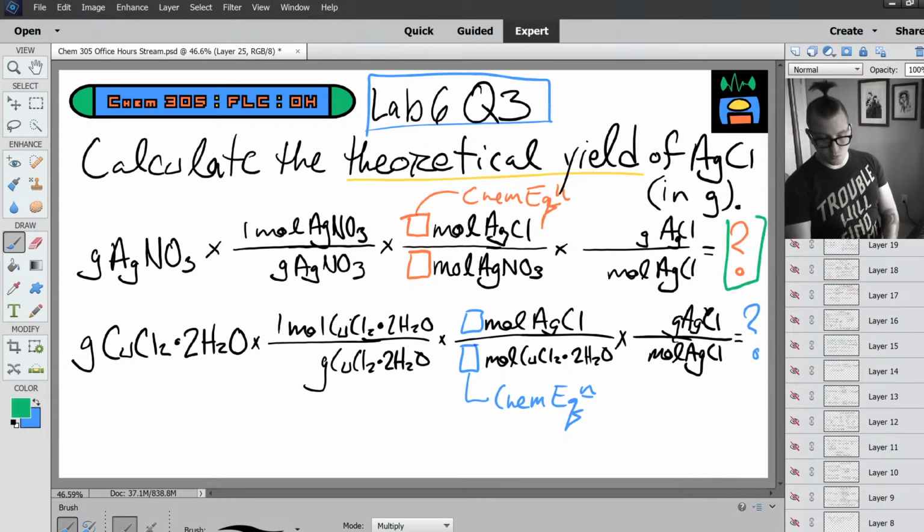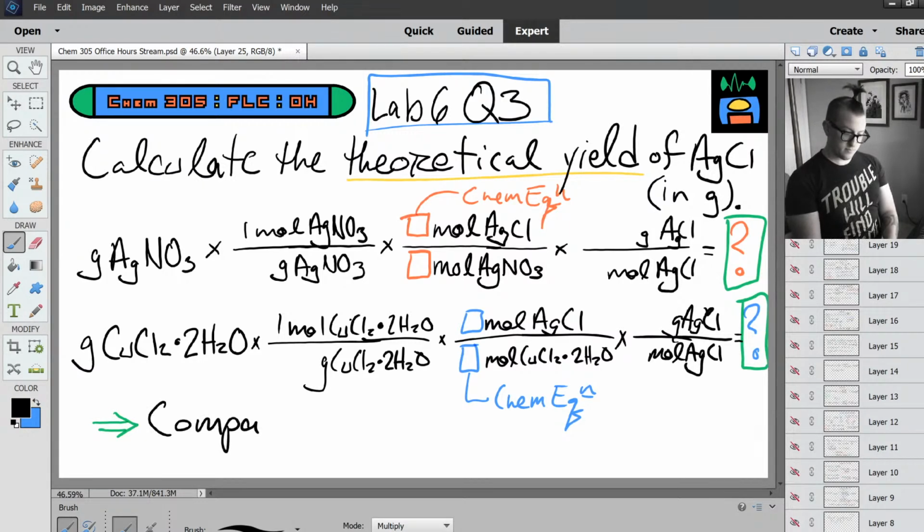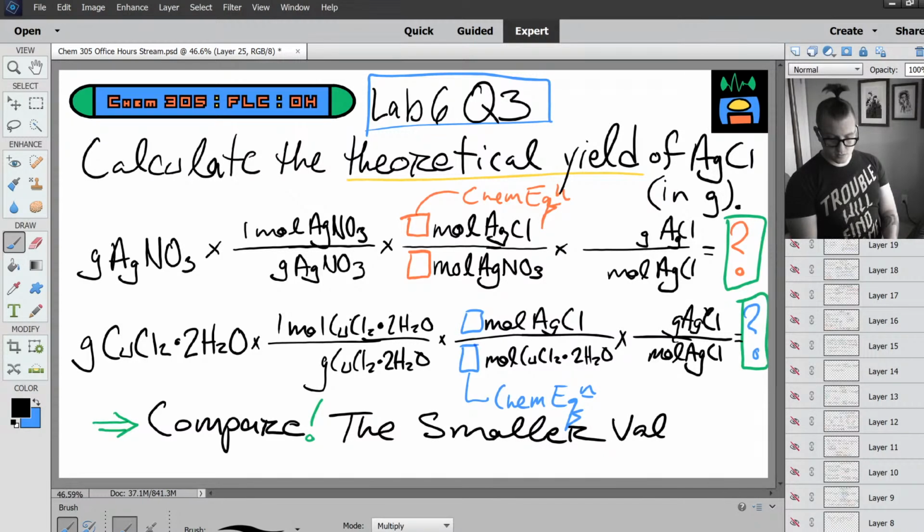So then, once you have these two numbers, you've got to compare them. The smaller value is the theoretical yield.